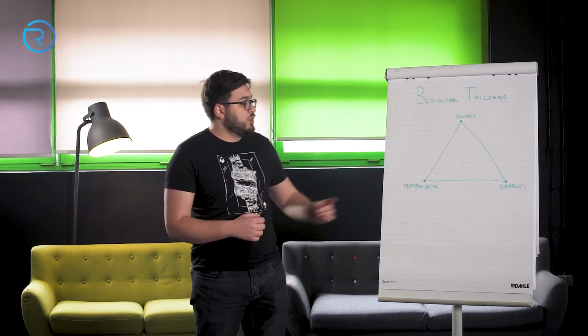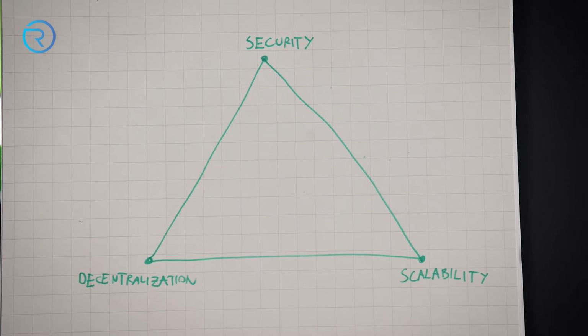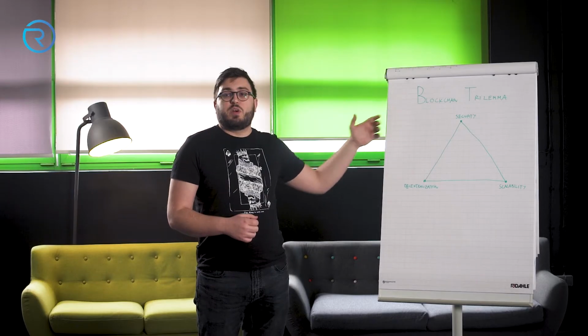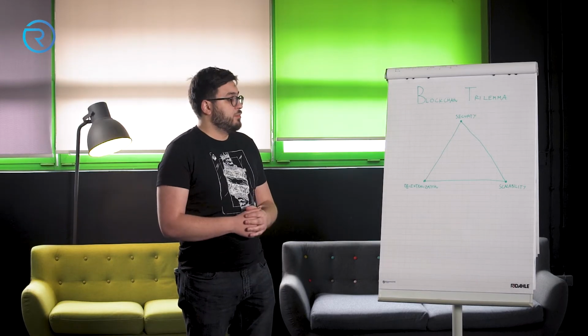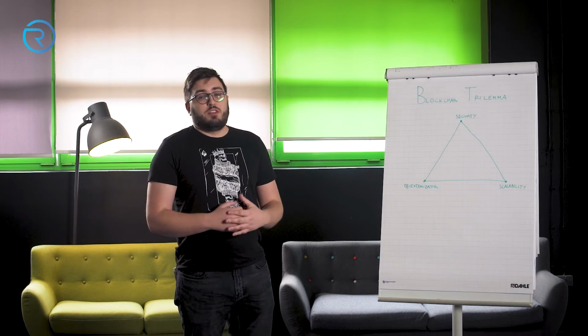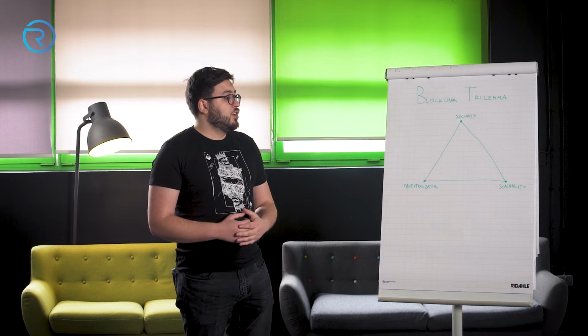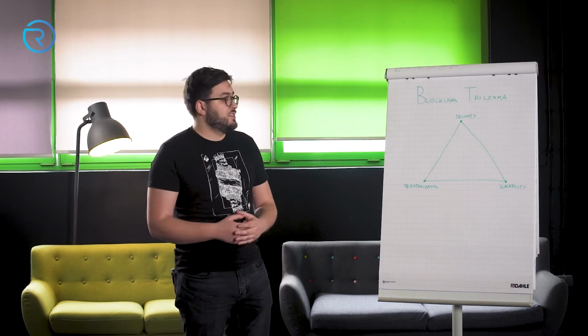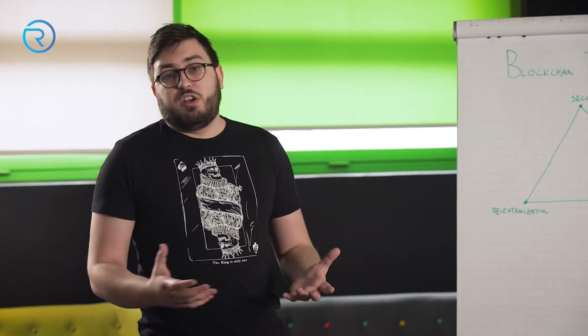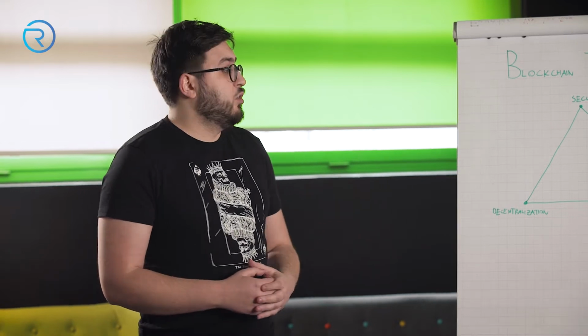On the other hand, if you want to sacrifice scalability, you can have a really secure and decentralized blockchain. But not many users will be able to use it, or at least not use it really fast. Bitcoin is kind of an example of this.